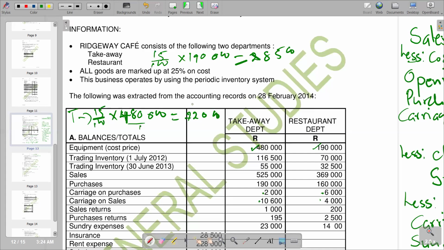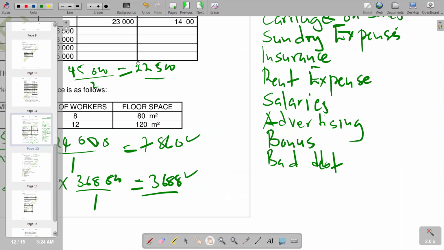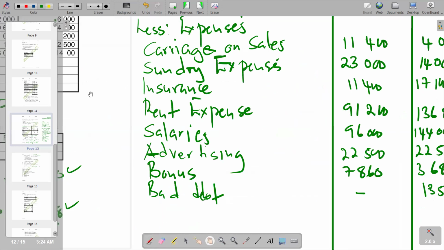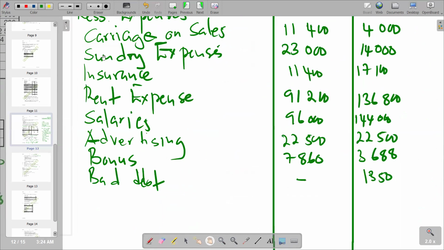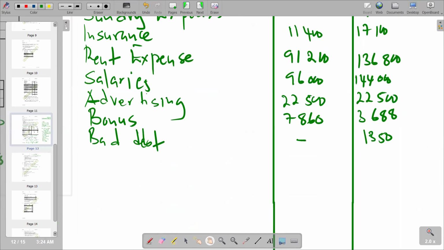So we go and update that one. We'll save our depreciation. Takeaway, we are saying 72,000. And then for our restaurant, 28,500.